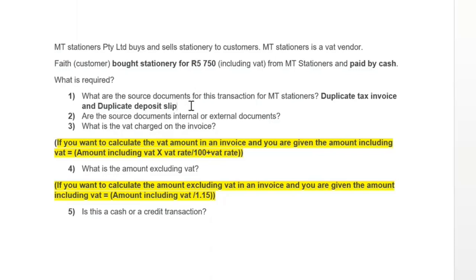So these two source documents are what MT Stationers will use to record in their books of first entry.